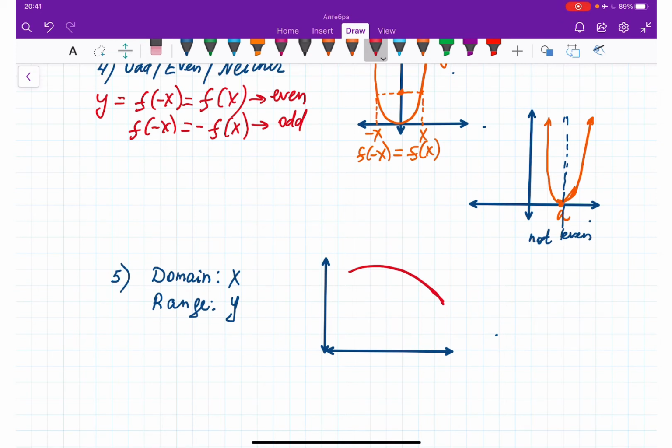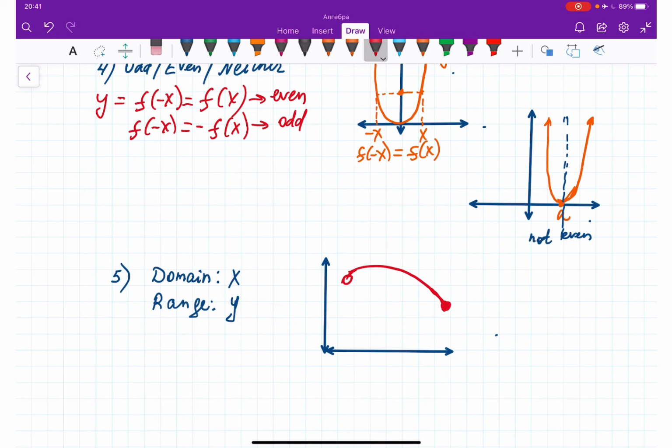Here I have an empty circle at the end, and here I have a full circle. An empty circle means it's not included; a full, solid circle means it's included.